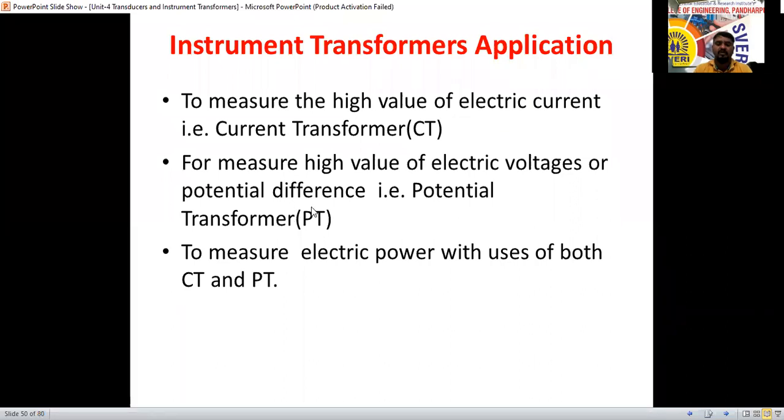Potential difference means voltage only. So we can easily measure the power. Voltage measurement, current measurement, power measurement, even frequency we can do also.